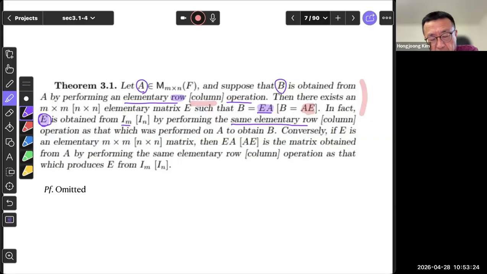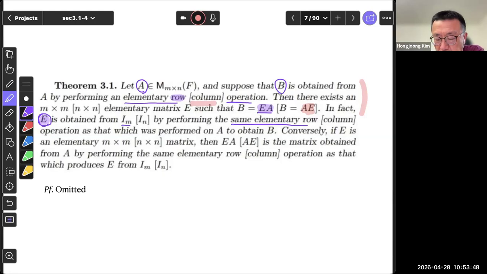Once you get this E, you multiply E to A from the left. Then you get B matrix. If you performed a column operation, then you perform the same column operation on the identity matrix, and then you multiply the elementary matrix from the right.